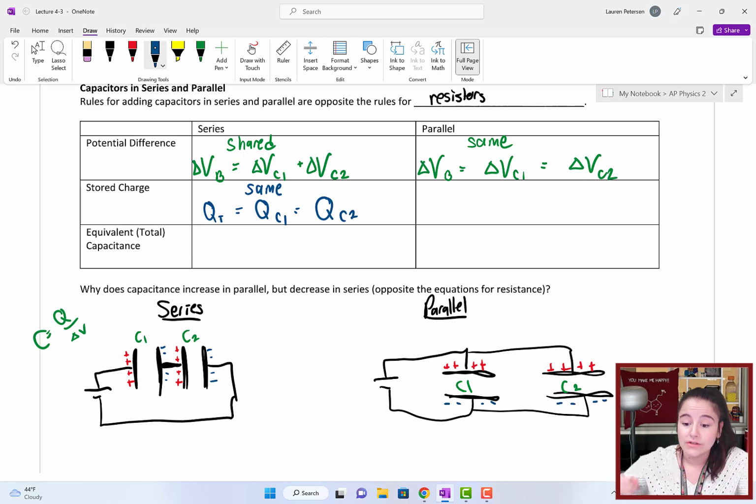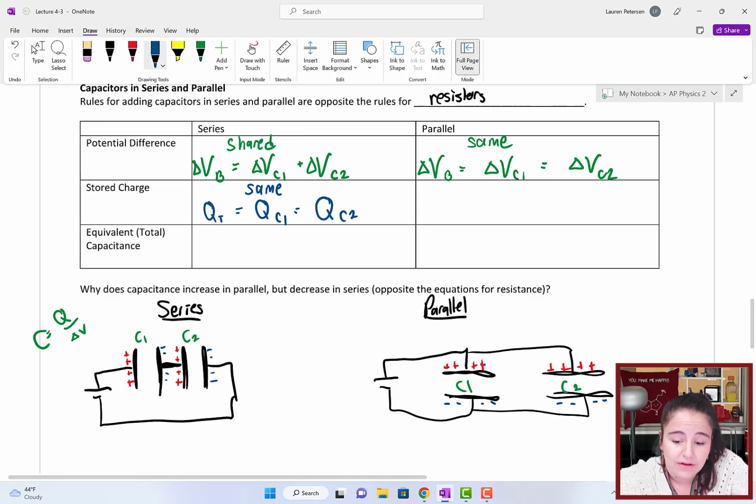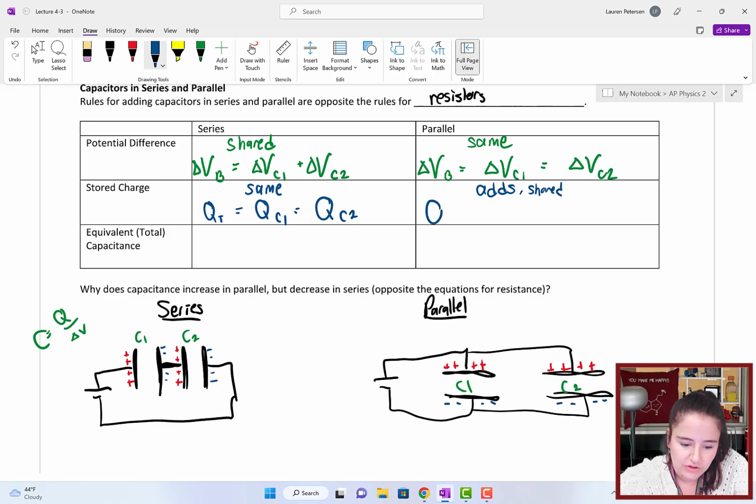Each capacitor is seeing the full voltage of the battery. They're both stored in their own circuit. So the charge adds, or you can think of it as shared, where the total charge will equal the charge on capacitor 1 plus the charge on capacitor 2, etc.